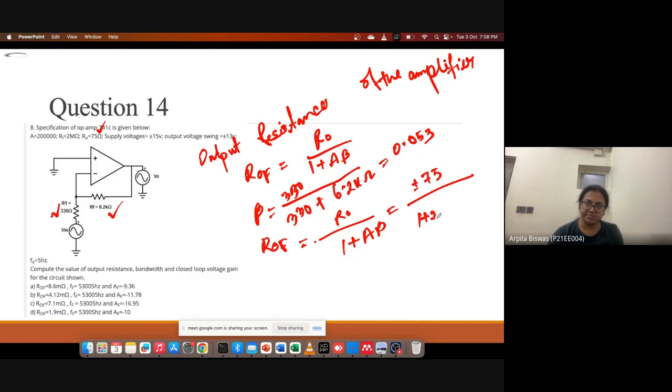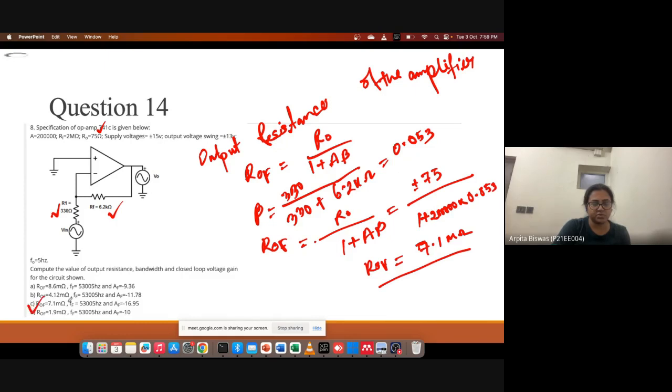It is 2 lakh. And what is the value we have calculated? The beta is 0.053. So calculate it. It is coming around 7.1 mega ohm. Okay, this is the ROF. So from the first one, you can also see which option is coming out.